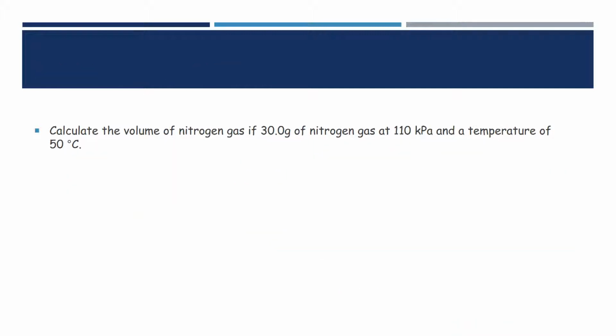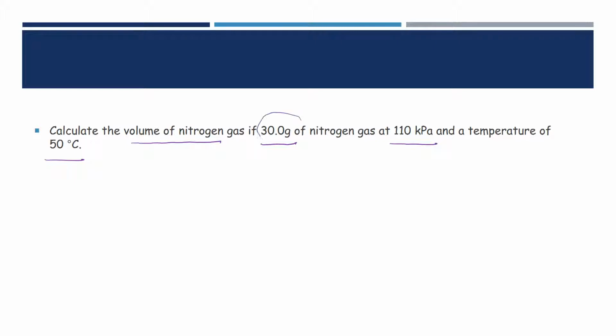Now let's try a harder example. This time we've been asked to find the volume of nitrogen gas if we've got 30 grams of nitrogen gas at 110 kilopascals and a temperature of 50 degrees Celsius. To start with, we haven't got the number of moles, but we can find it. The mole is a unifying concept.